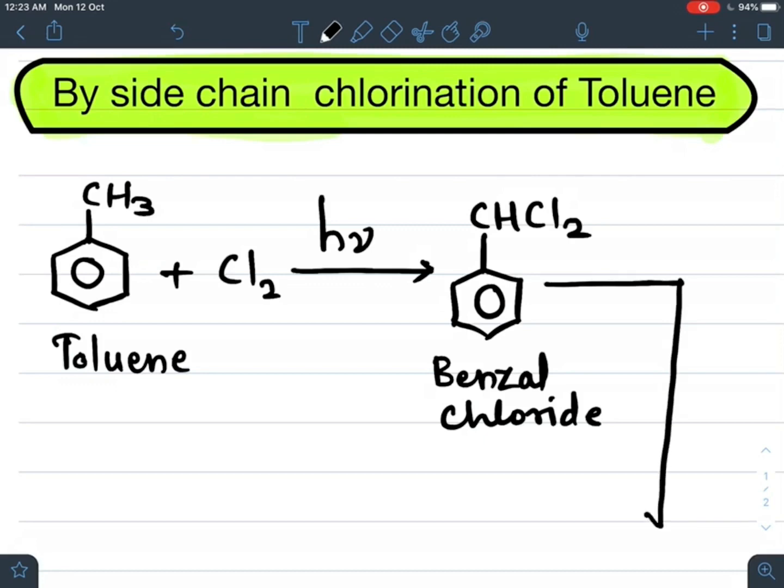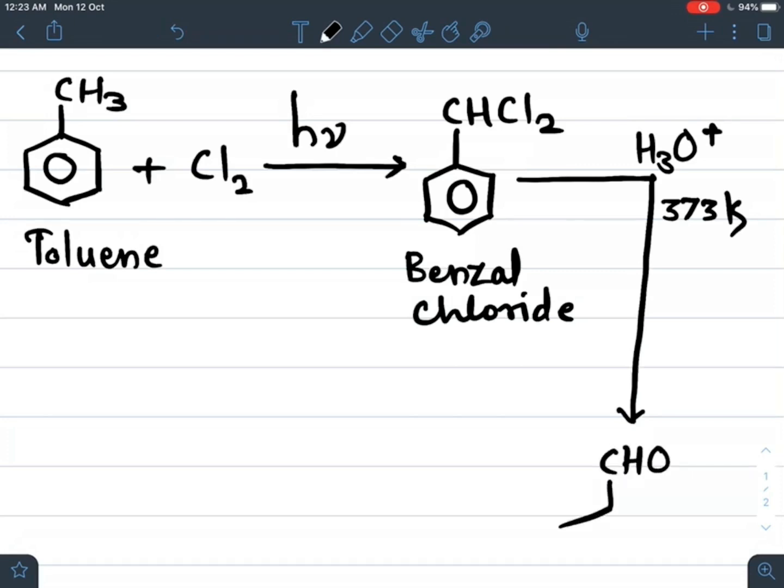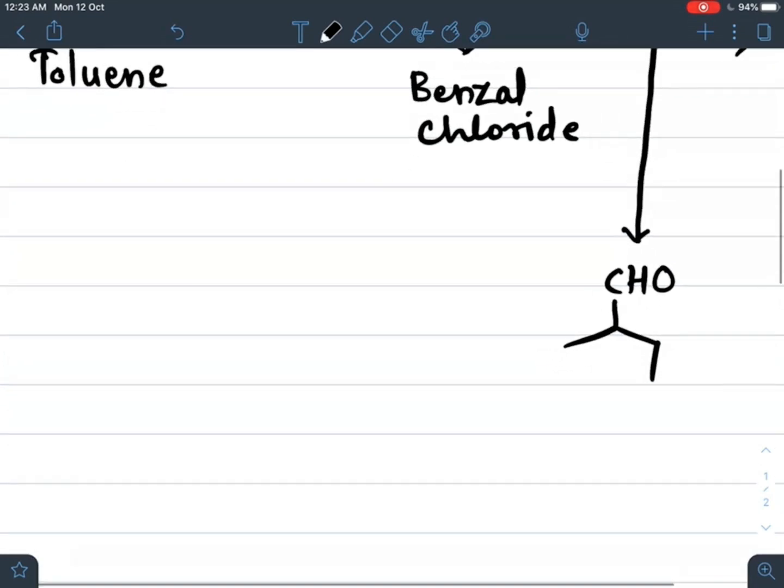On acid hydrolysis, we write H3O plus, and at about 373 Kelvin the reaction takes place and finally we get benzaldehyde. So the CH3 group is converted into a CHO group. The name of this compound is benzaldehyde.